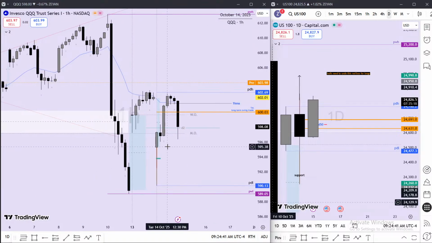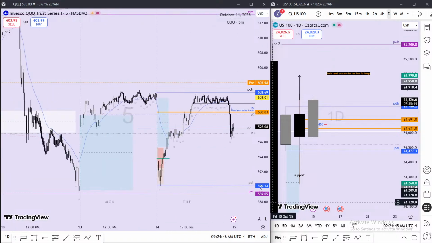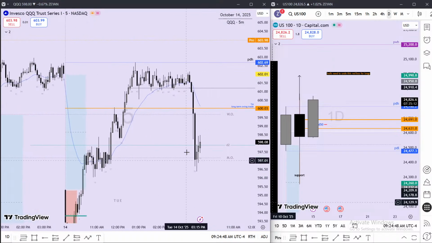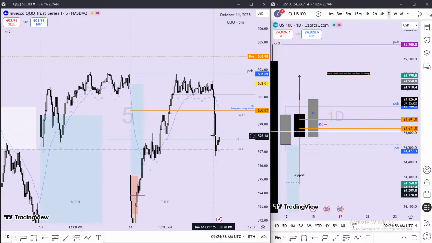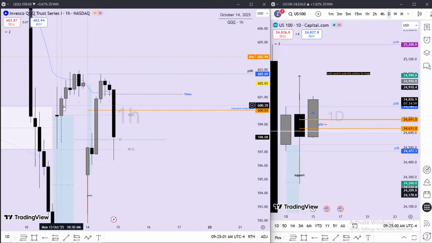Okay, now let's come to the 5 minutes. On the 5 minutes, yesterday we got a closing above this long-term swing trading reference point, which is 600.03. Let's look at it from the hourly time frame. Yesterday we got a closing above this price and then we fell back down and closed below.